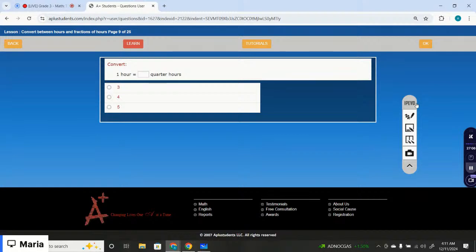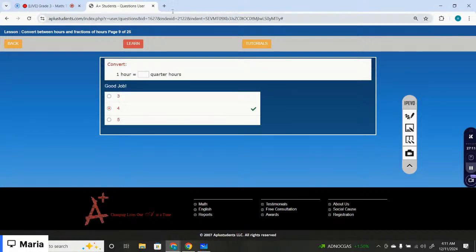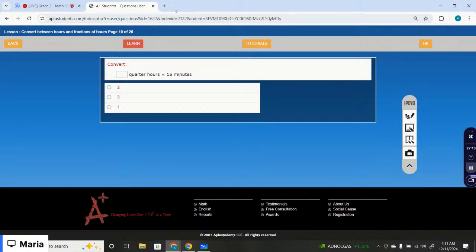One hour equal 4 quarter hours. The correct option is 4. 15 minutes equal how many quarter hours? 15 minutes equal 1 quarter hour. Okay, you can complete the lesson by yourself later today. Let's just move on to next lesson.